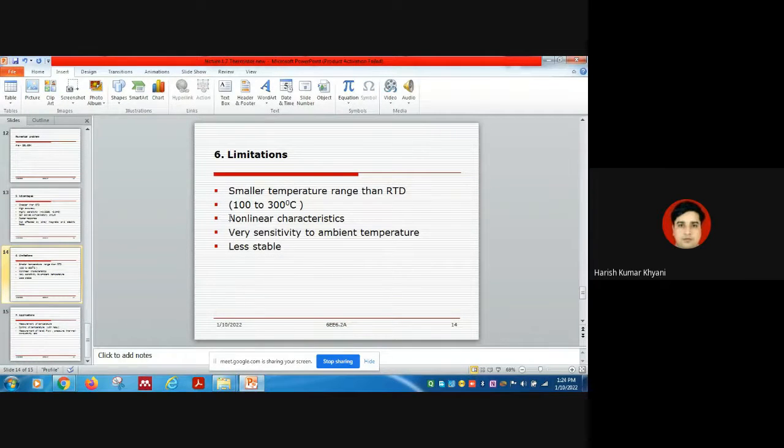And this point has also been discussed: these have non-linear characteristics, whereas RTD has linear characteristics. And the third important point is, because its sensitivity is very high, it is sensitive to ambient temperature. And as it is made up of semiconducting materials, it is somewhat less stable as compared to RTD, right?